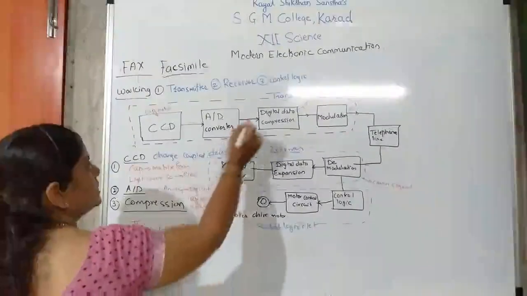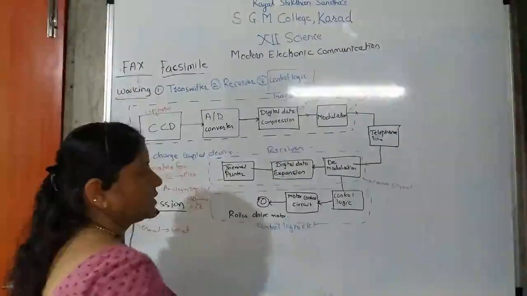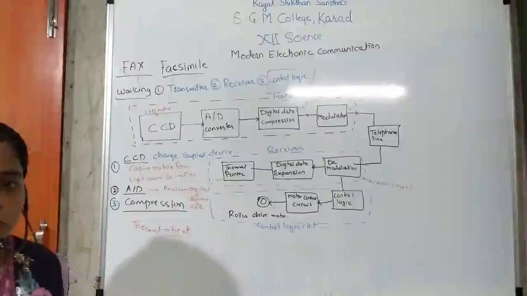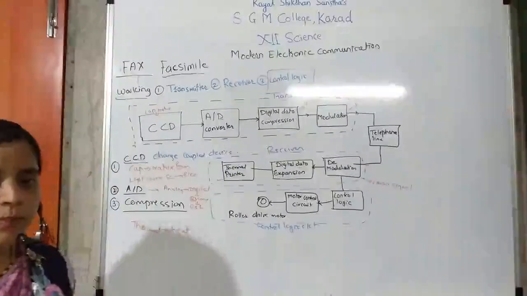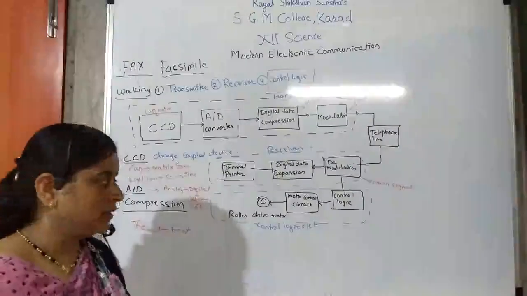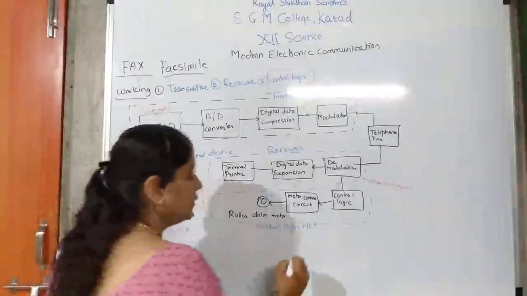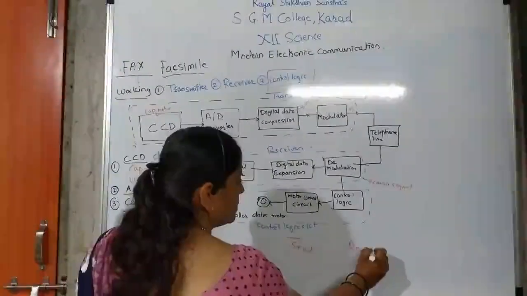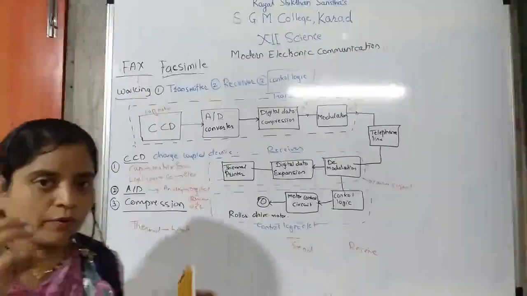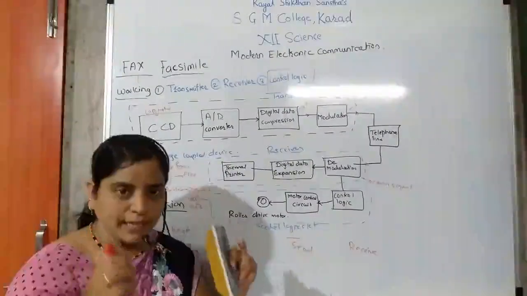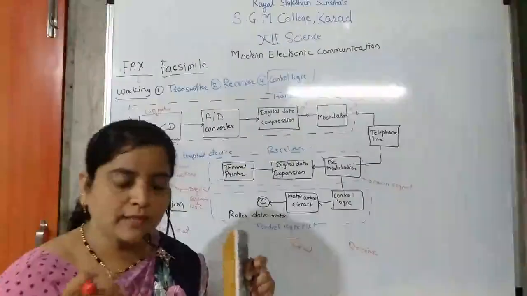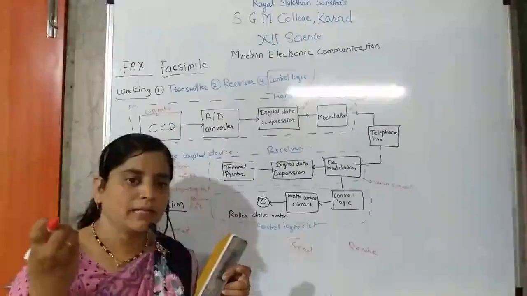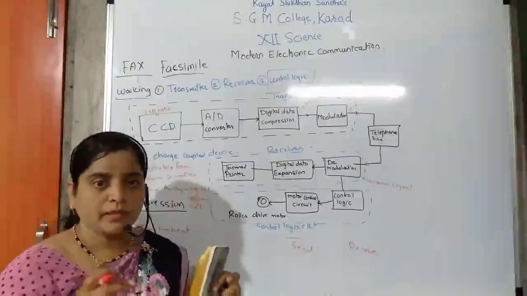Now the third circuit is our control logic circuit. What happens in the control logic circuit? If a signal is sent from one fax machine and received by the second fax machine, how can the first fax machine know that the document has been successfully sent?